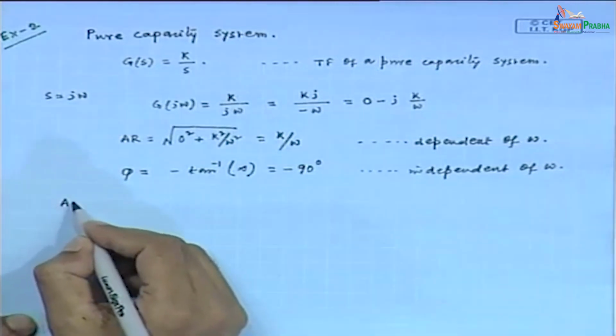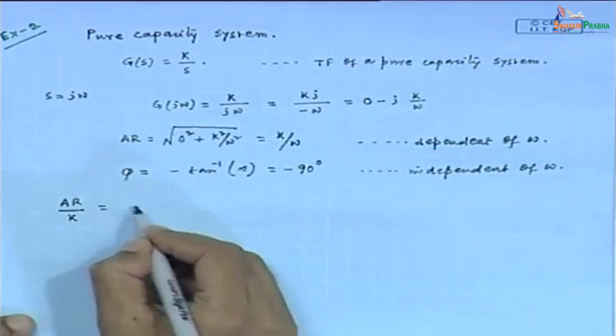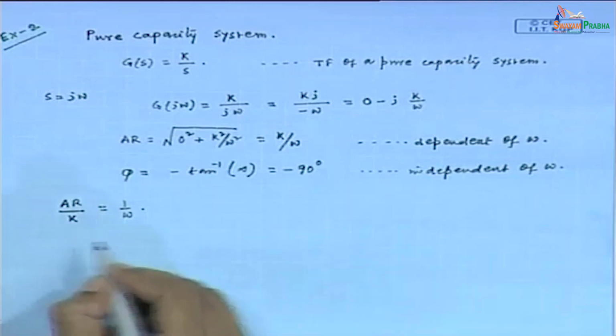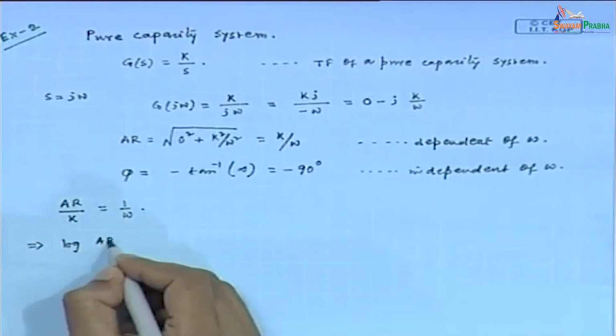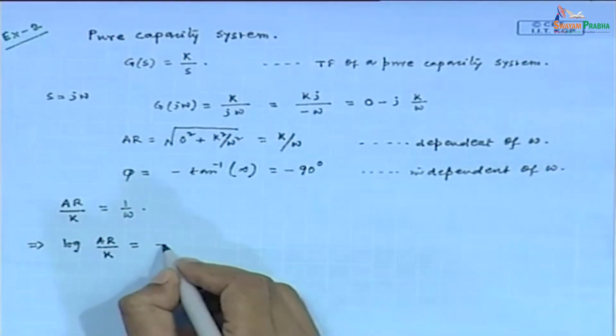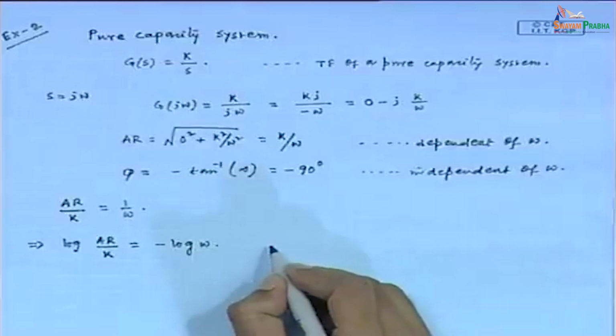Now, we can write the amplitude ratio as amplitude ratio by k equals 1 by omega. Can we rearrange the expression of amplitude ratio in this form? If we take logarithm, then we obtain log of amplitude ratio by k equals minus log omega. So, this is basically a straight line with slope minus 1.